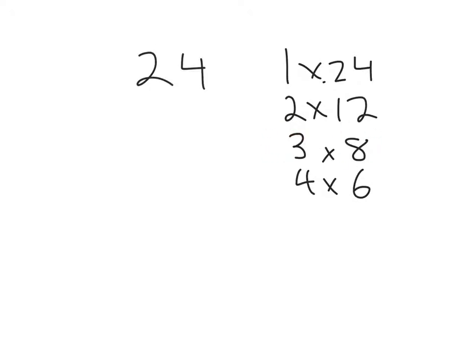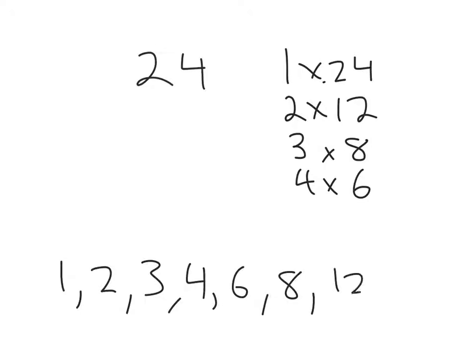The next thing we're going to do is arrange it in a way that we've been calling a factor rainbow. You could very easily call it anything, factor smiley face, factor circle. It just depends on how you want to show your work. So you're going to put the factors in order from smallest to largest: 1, 2, 3, 4, 6, 8, 12, and 24.